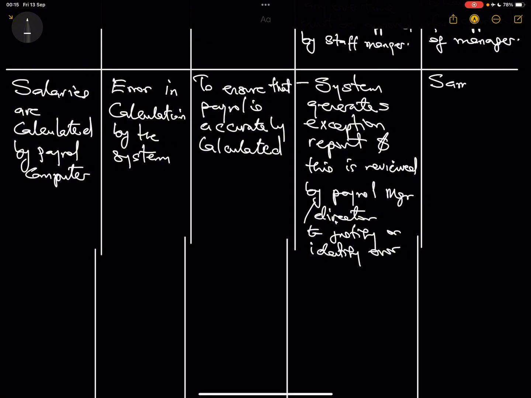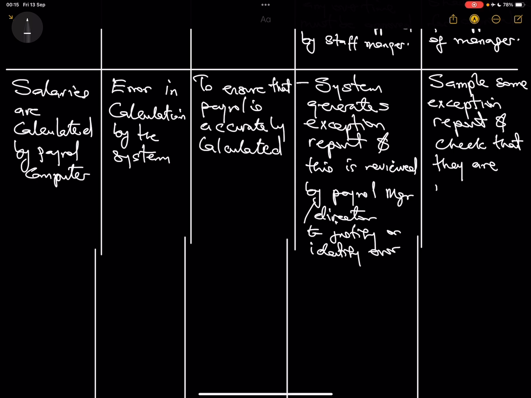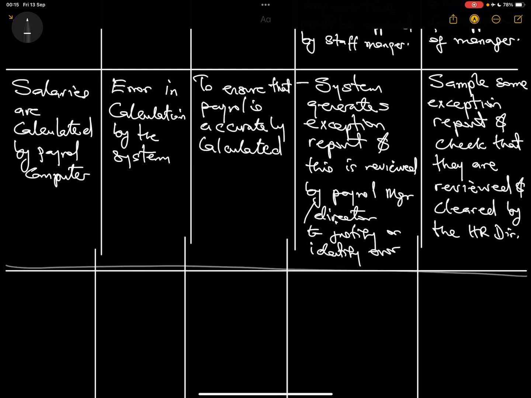So auditors will sample some exception reports, and check that they are reviewed and cleared by the HR director. That is it. It's about the exception report and clearing it accordingly.